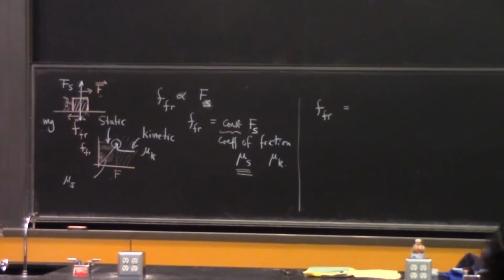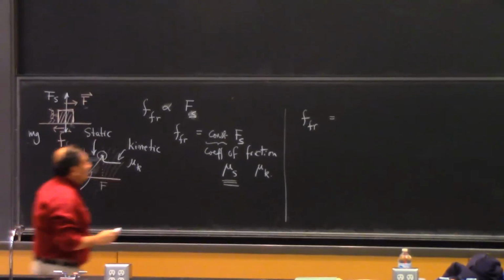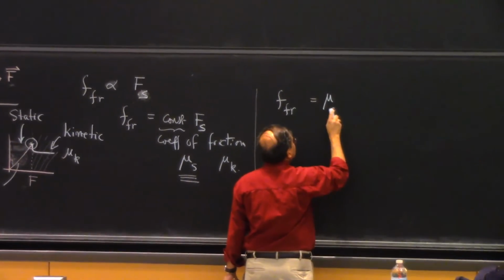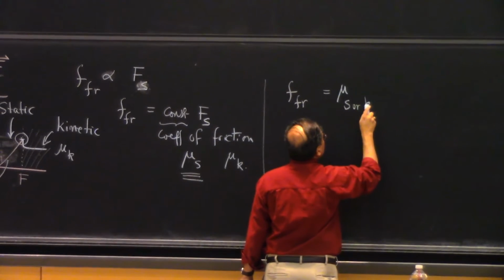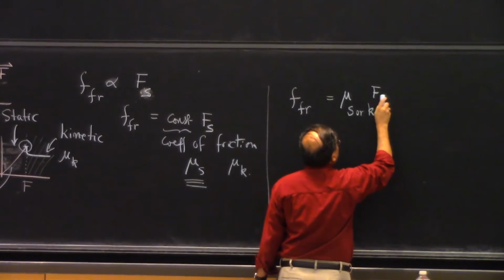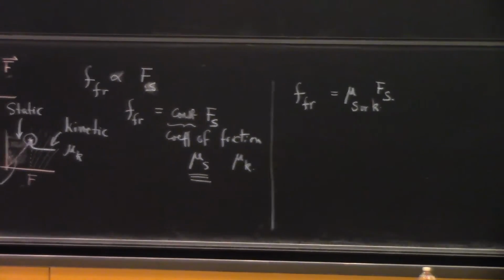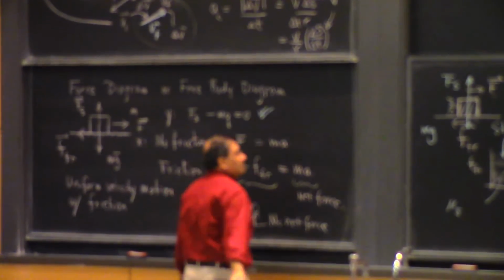Okay? So it turns out then that F friction is some coefficient of friction, mu s or k, times Fs, the surface force. But you see, if you look here, the surface force is mg.